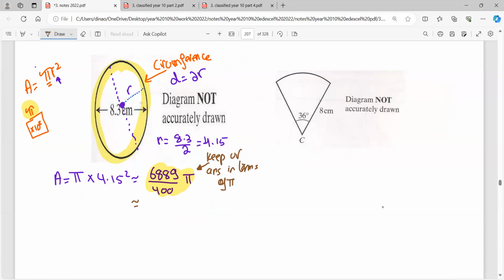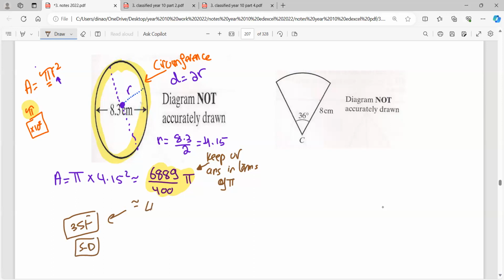Okay, when do I change it to decimal? It won't say change to decimal. It will always say round your answer to some number of significant figures. So if the question says write your answer to 3 significant figures, for instance, now I change into decimal, of course, using the SD button.